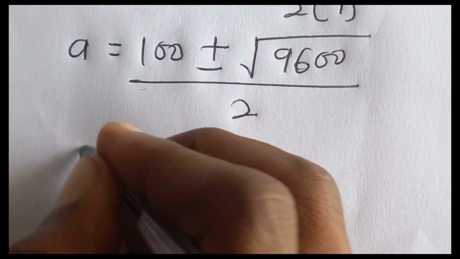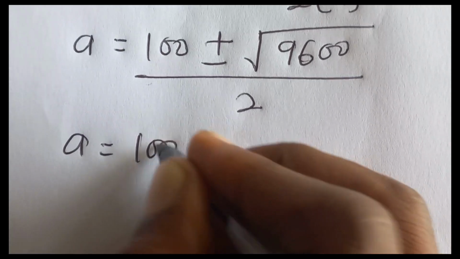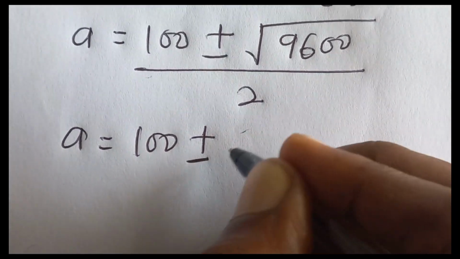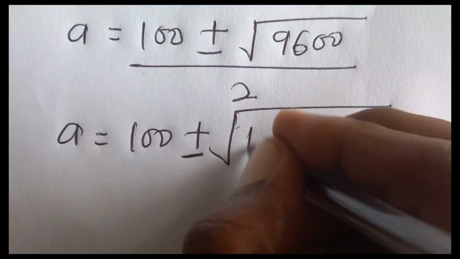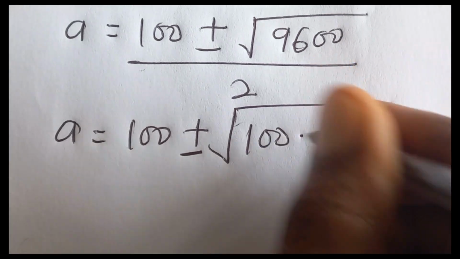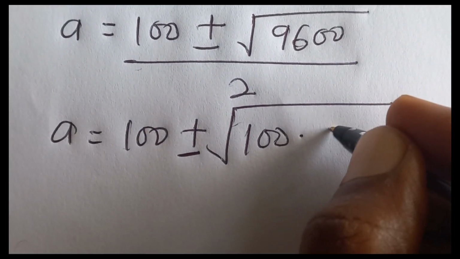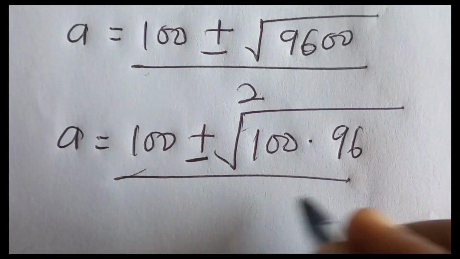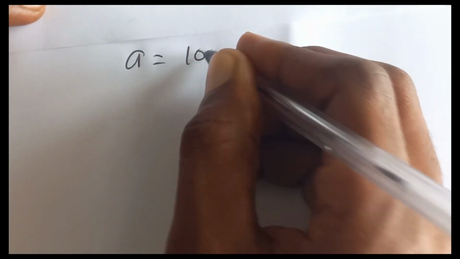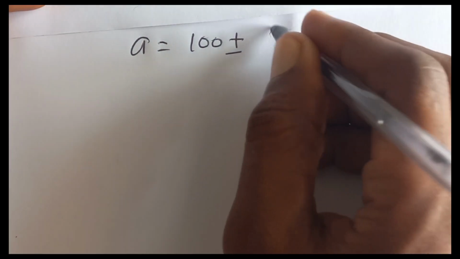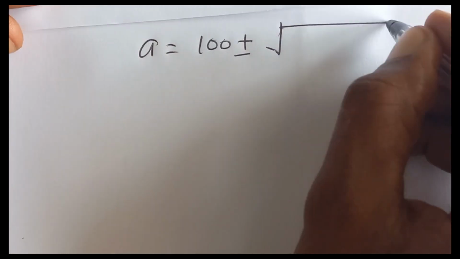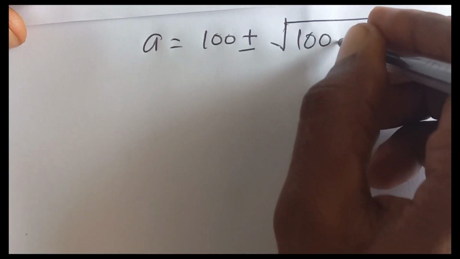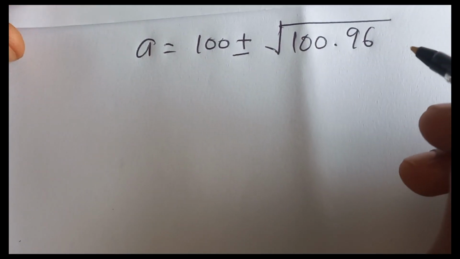Okay, so with this, we can rewrite it as 100 plus or minus root of 100 multiplied by 96, so on 2. Let's continue from here. So now a is equal to 100 plus or minus root of 100 multiplied by 96.